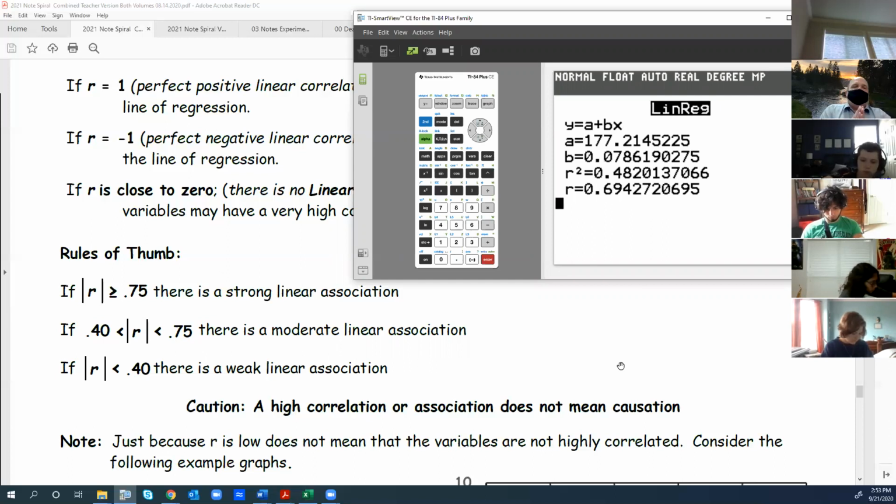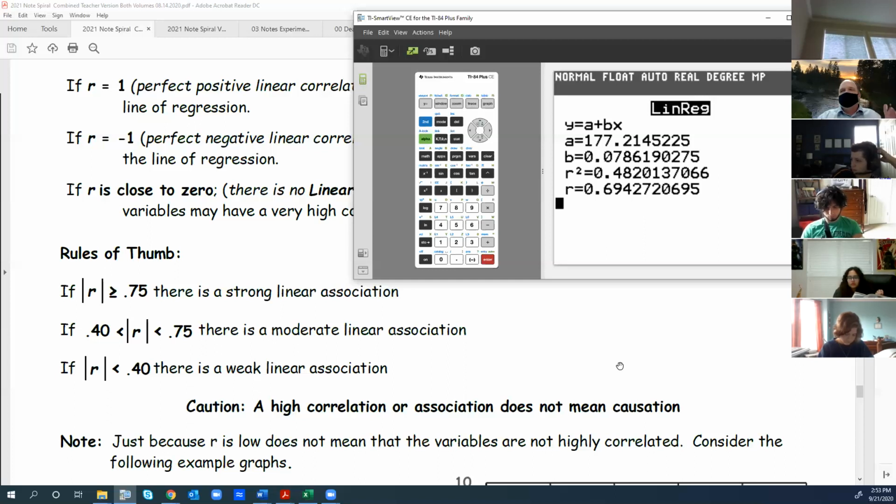Anything where the absolute value is 0.75 or greater, we say is a strong linear relationship. Anything between 0.4 and 0.75, we say there's a moderate linear relationship. And anything less than 0.4, we say is a weak linear relationship.